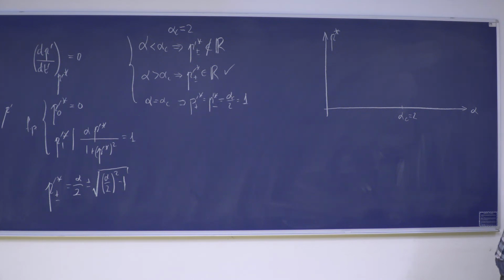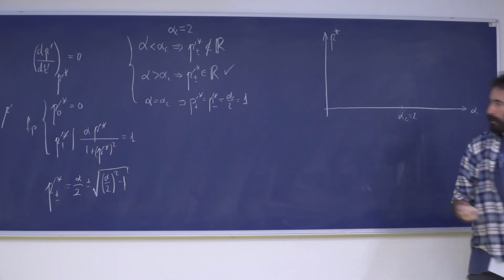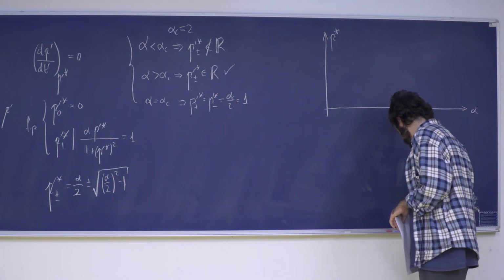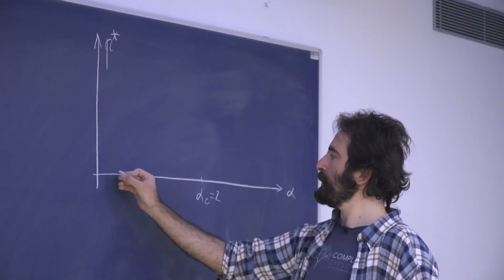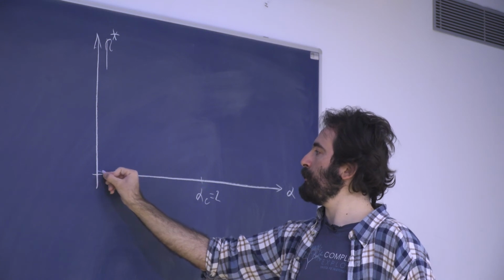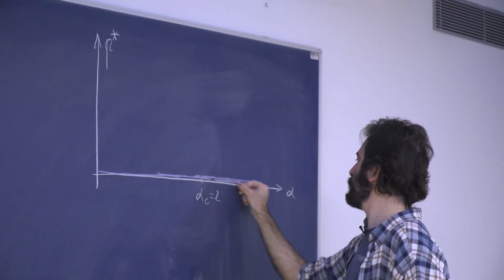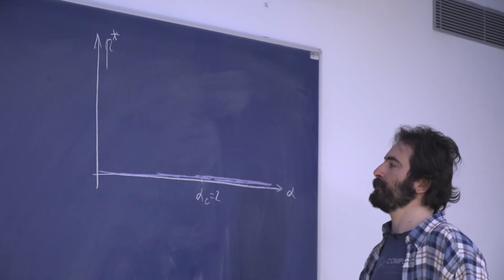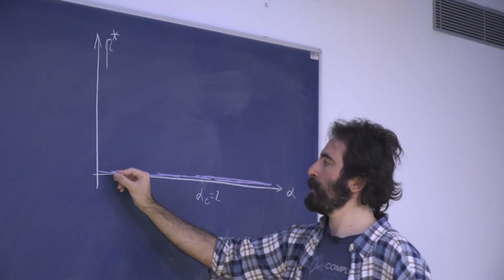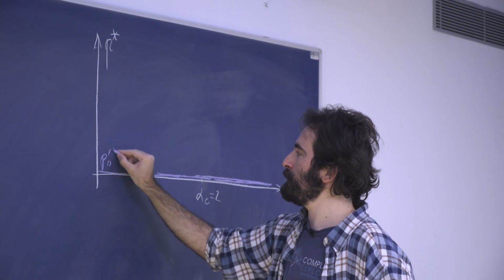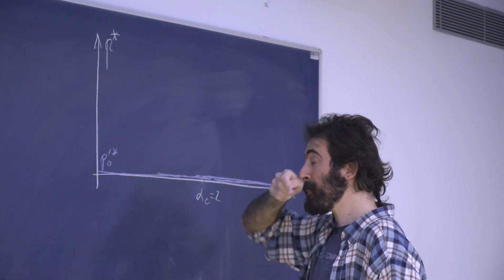There's going to be the trivial fixed point, which is 0 all along. And we're going to call this the trivial fixed point. So if you want, this is P naught star.